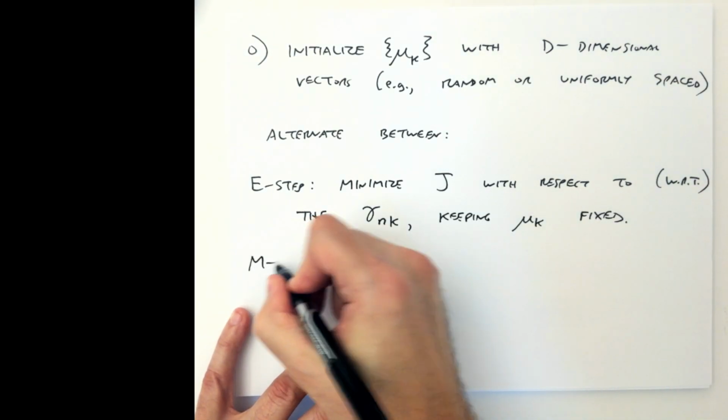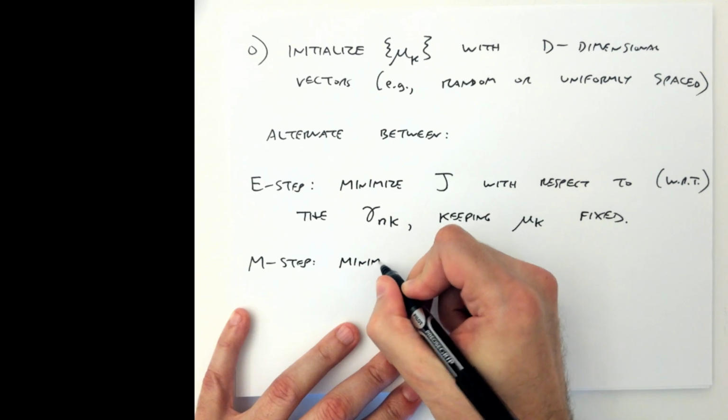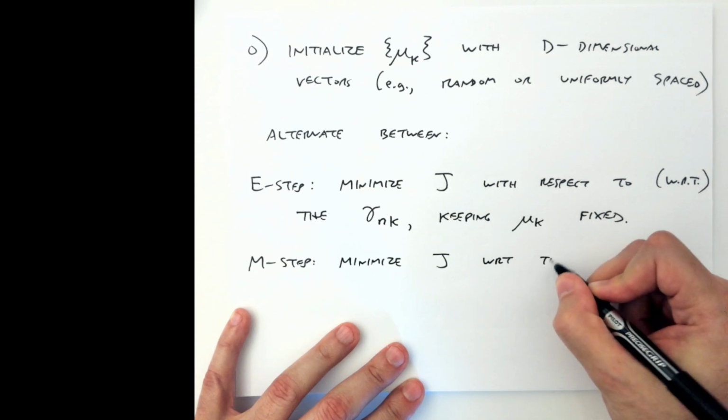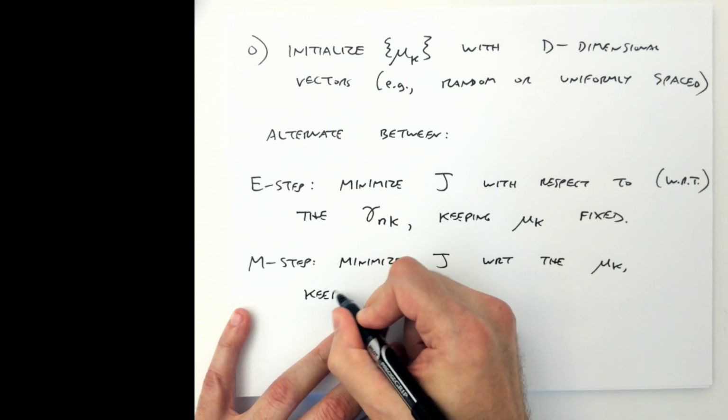And then the M step is the opposite: minimize J with respect to the mu k, keeping the gammas fixed.